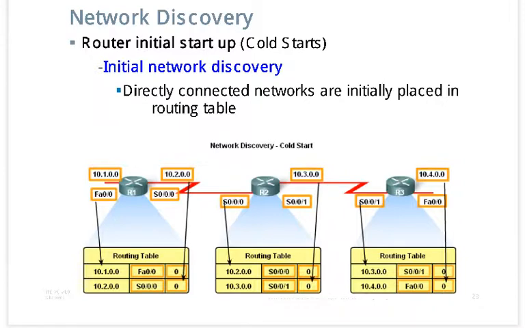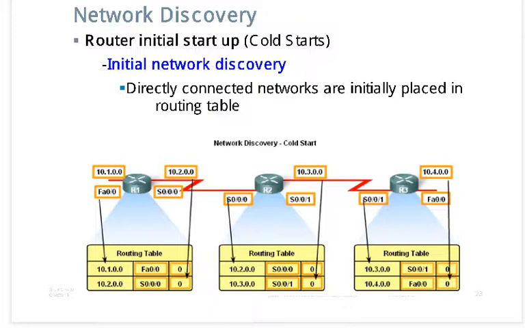So when each router starts, this router will discover this link and will put it in the routing table. And of course, the directly connected links have a hop count of 0, which indicates that these are directly connected. This discovery happens automatically because when these interfaces start, they directly discover the links directly attached to them, and they put them in the routing table. So this is the initial state.